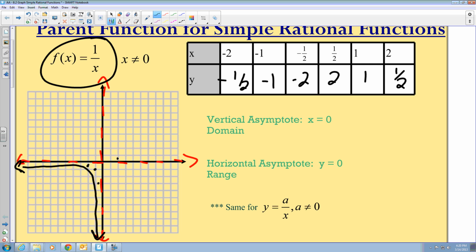I've got 1 and 1, and I've got 1 half and 2. Then my graph looks something like this. So again, I've got two different curves, and both of them are stopping at our vertical and horizontal asymptotes. In this case, it's x equals 0 and y equals 0.